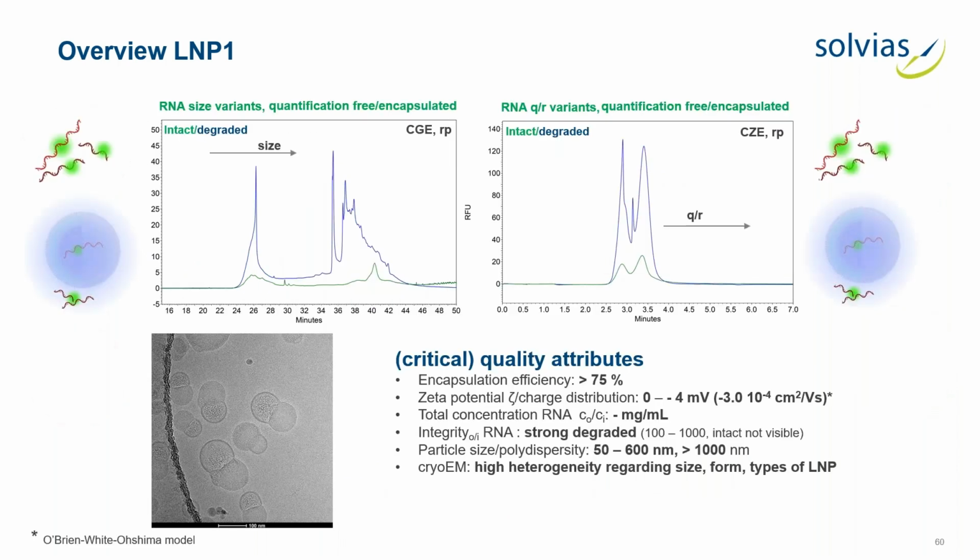And now, when we injected the intact LNP system without any treatment, we can see on the left side, in the green electropherogram, the size variance of the free, not bound RNA. The same for the charge-based technique.